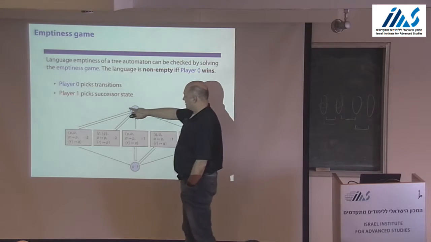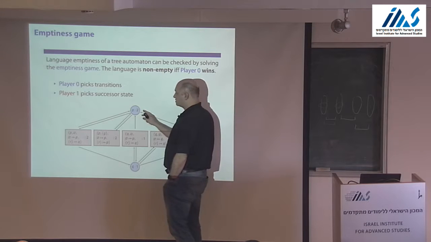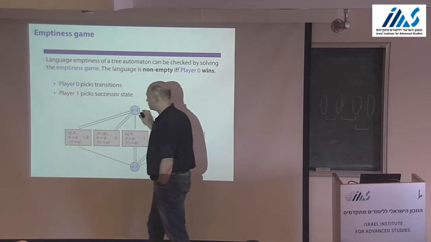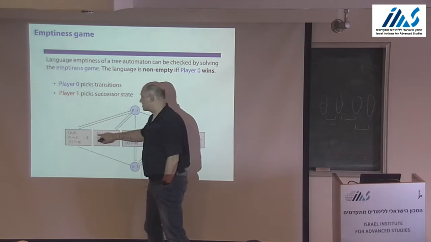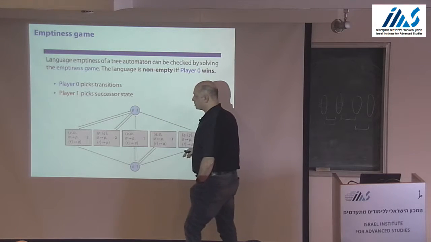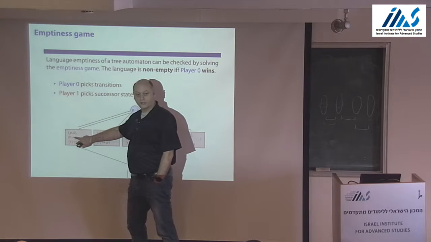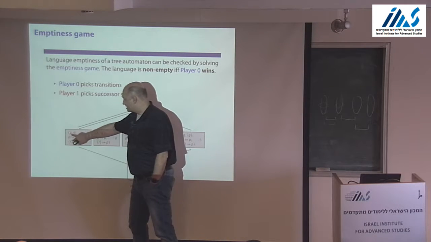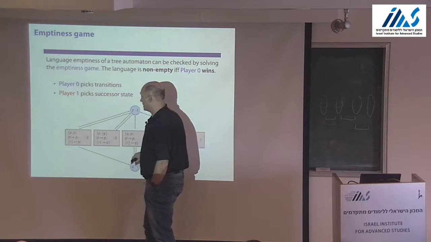So for example, we start out with state P, and now player 0 chooses one of the transitions. So in this case, we have two transitions that are in principle applicable. They differ in the label they expect. So this was the transition that was applicable if the label in the tree was empty.